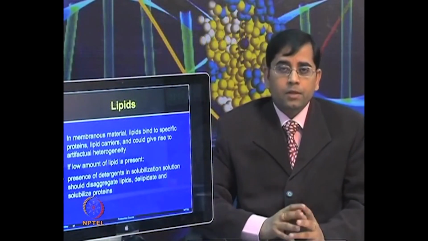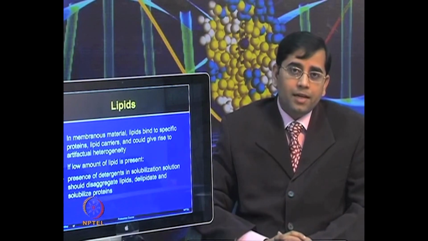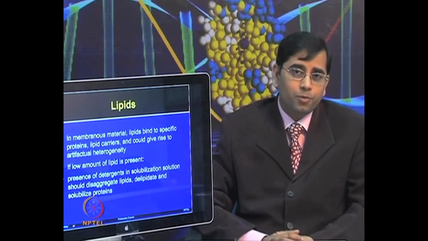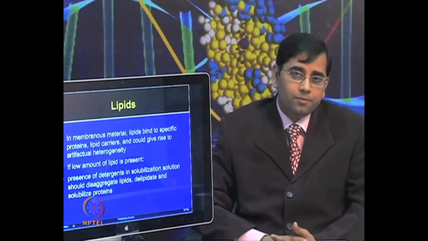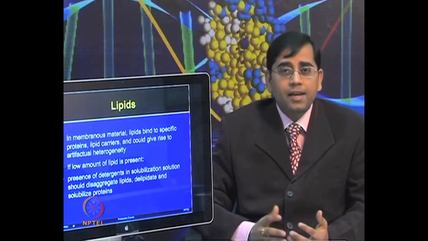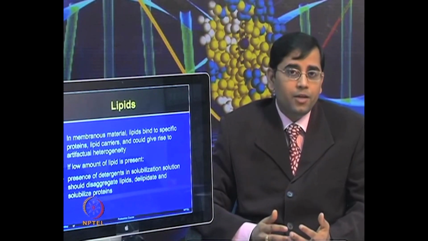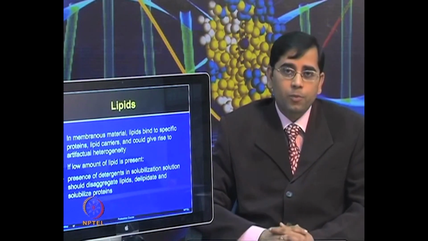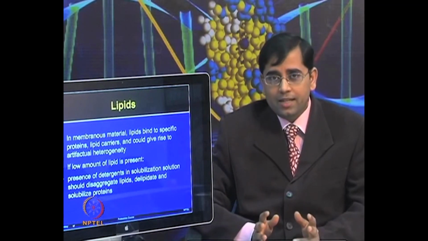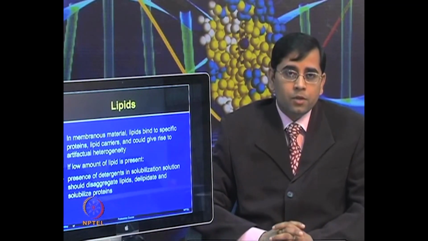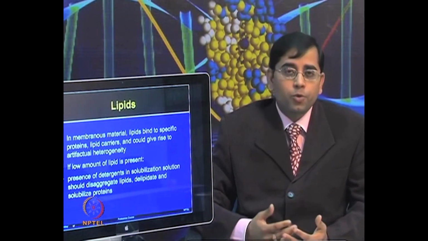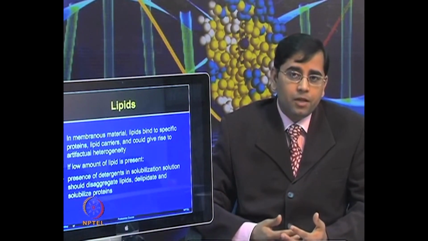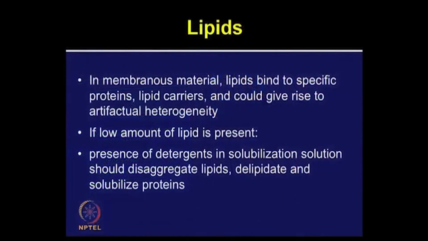Lipids are very important. They are used for various types of biological problems to probe, but if your context is to study the proteins, you would like to get rid of any lipids or any other nucleic acid or other interfering components, because you just want to analyze only proteins. Since we are talking about sample preparation for proteins and proteomic applications, you would like to get rid of lipids.